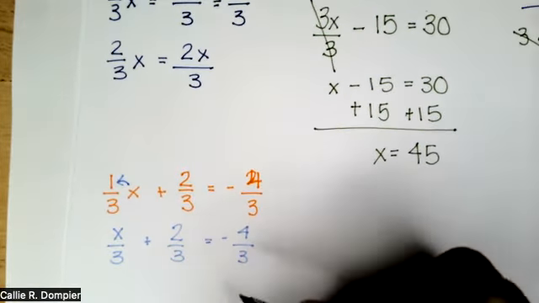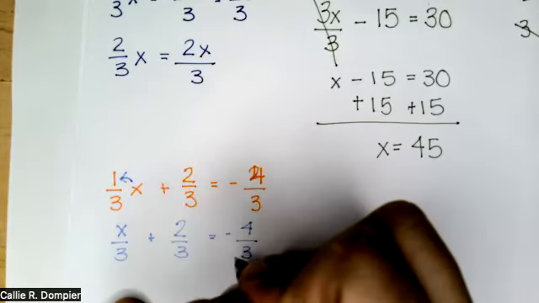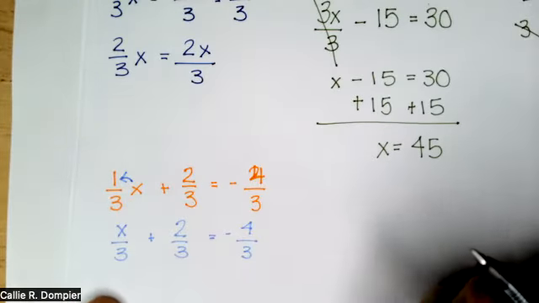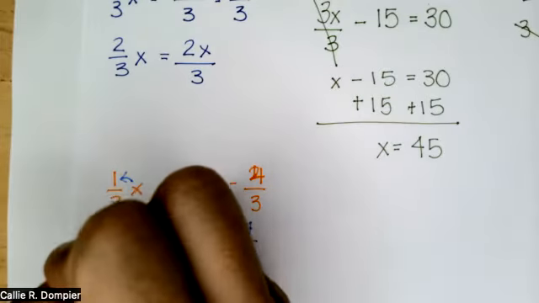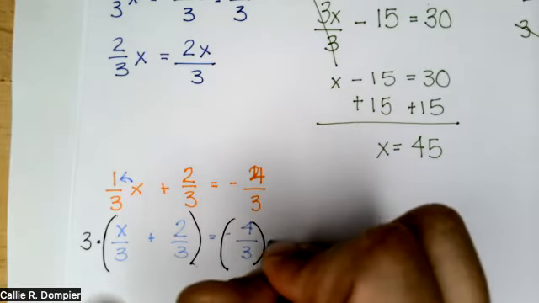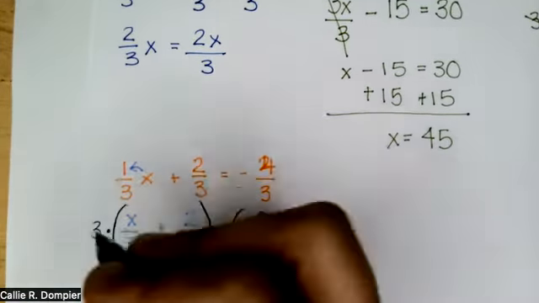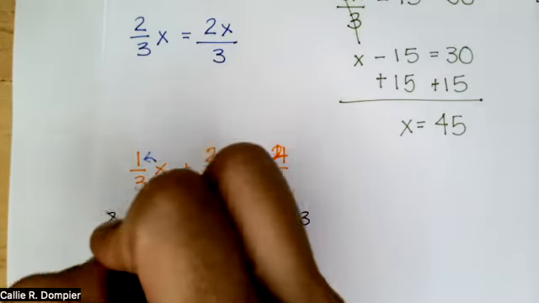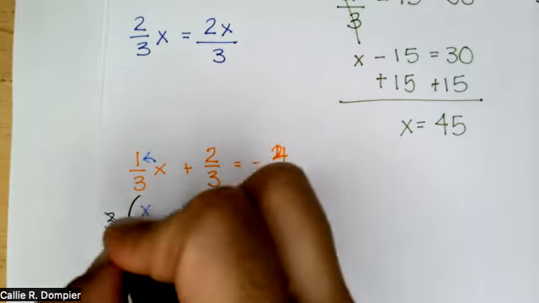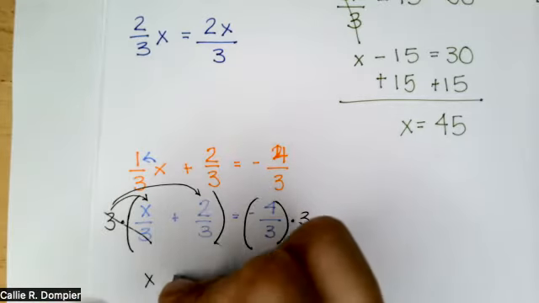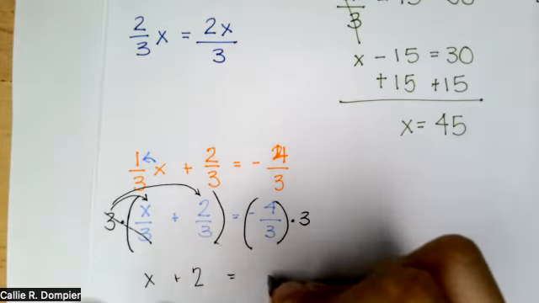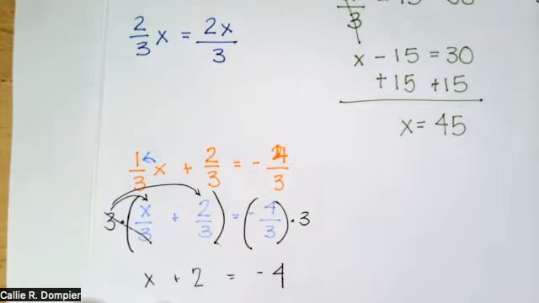I want to get rid of the fractions, so I need to find a common denominator. The common denominator is 3, right? So I'm going to multiply everything on this side by 3. I'm going to multiply everything on this side by 3. What I get is x. We're going to distribute that 3, sorry. Plus 2 equals negative 4. Any questions?